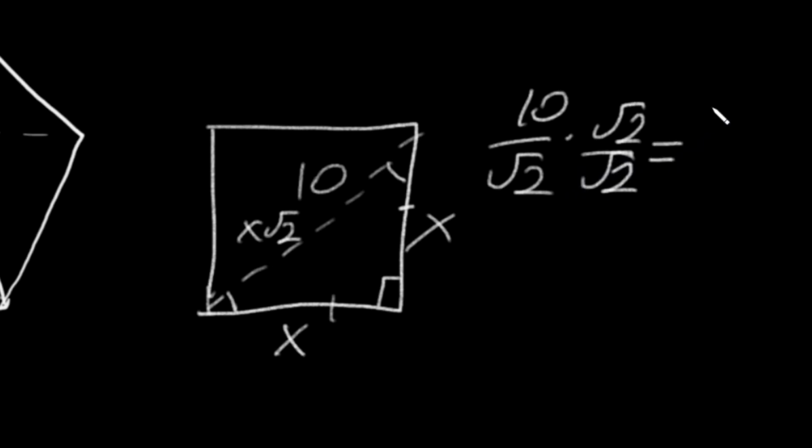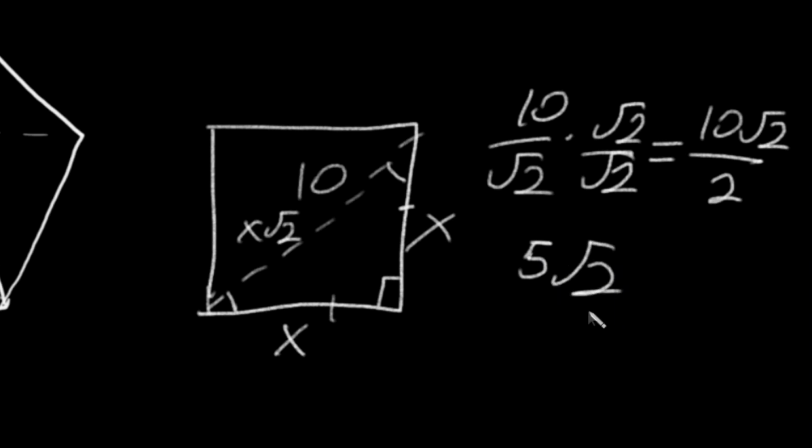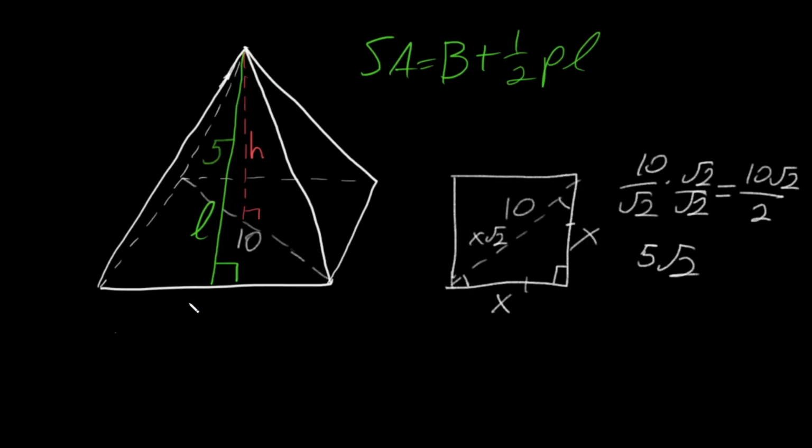This gives us 10 square root 2 divided by square root of 2 times square root of 2, which is simply square root of 4, which would simplify to just 2. And now we can simplify further. The 10 and the 2 can divide. 10 divided by 2 is 5. So now we have 5 square root of 2 over 1, which we don't need to write. So now we know the width of this square base is 5 square roots of 2.